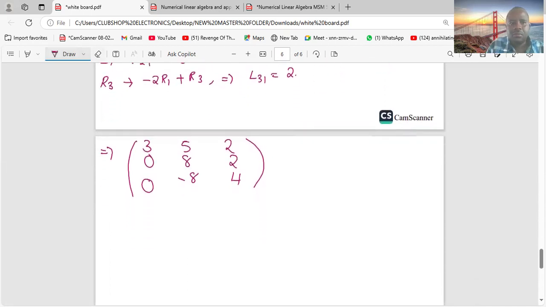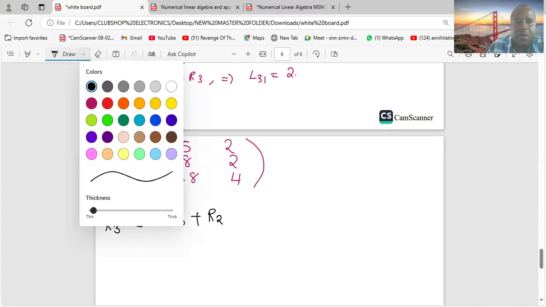Then we need to produce a 0 here. So here we are trying to create an upper triangular matrix. In the process, we are also getting the lower triangular matrix. So now, what do we do? We are going to say row 3 is equal to row 3 plus row 2.